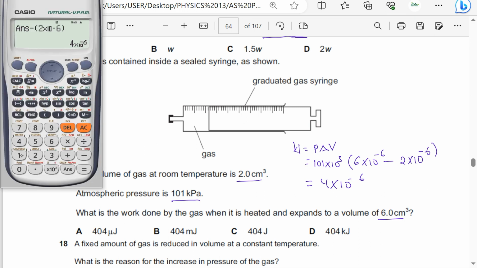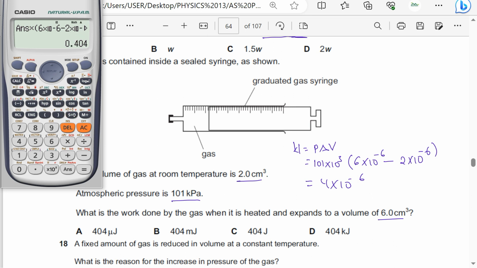I didn't multiply this yet. So 101 times 10 power 3, times 6 minus 2, times 10 power minus 6.